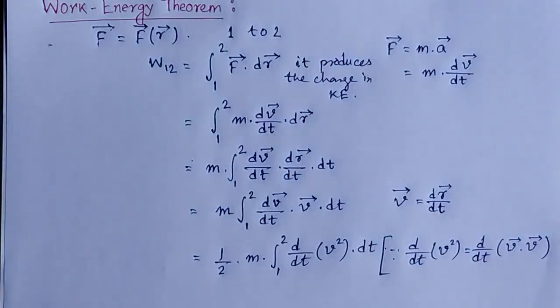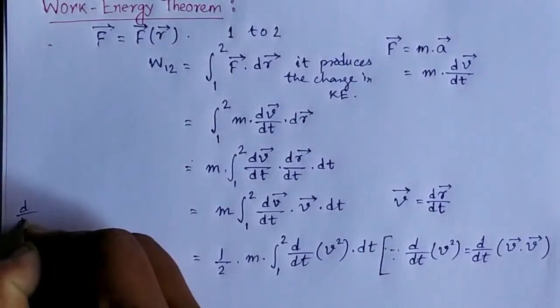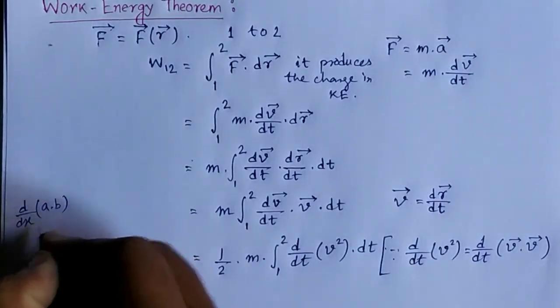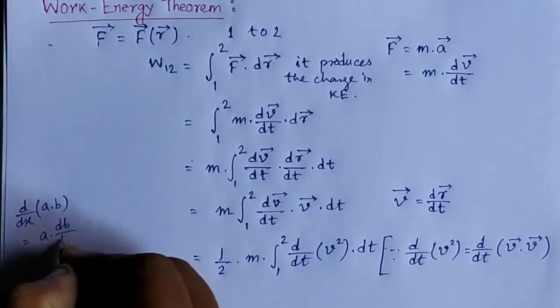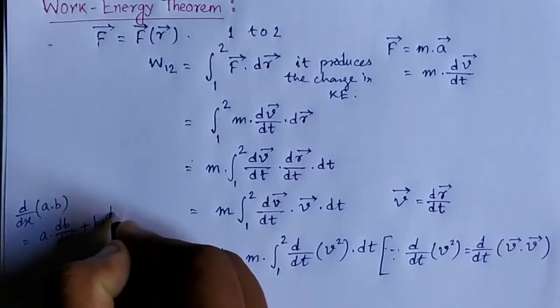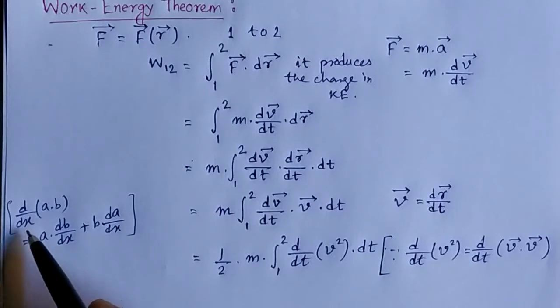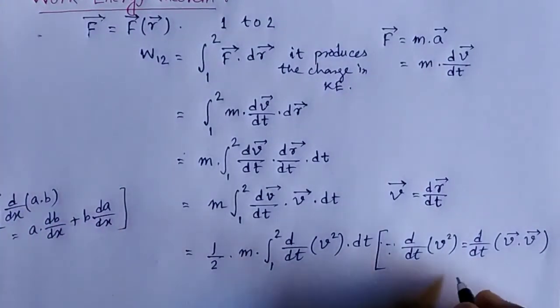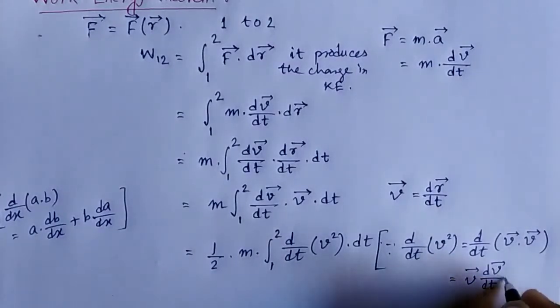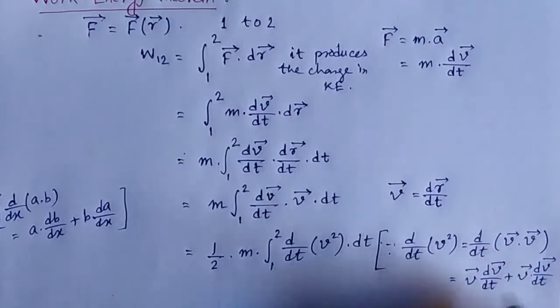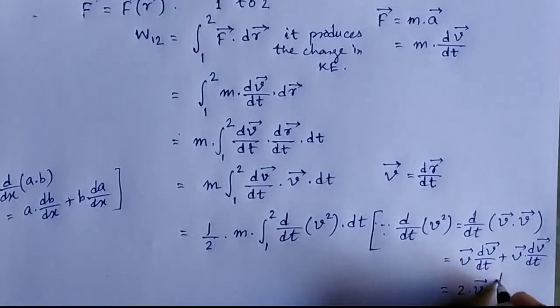We know the product rule for the derivative, d dx of a dot b, is equal to a dot dv by dx plus b dot da by dx. By this formula we get v dot dv by dt plus v dot dv by dt, which is equal to 2 into v dot dv by dt.